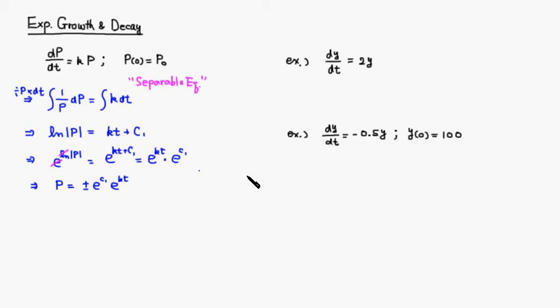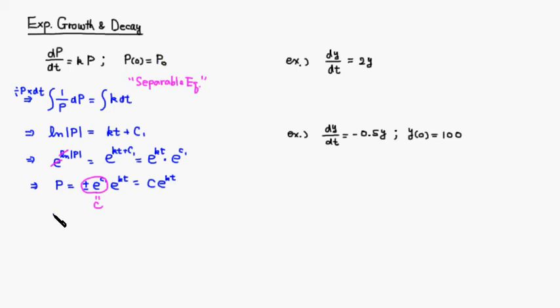Since this is just a constant, plus or minus included, I'm going to call this constant c. It could be negative or positive, times e to the kt. Then we can use the initial condition: when t equals 0, the value is P0.